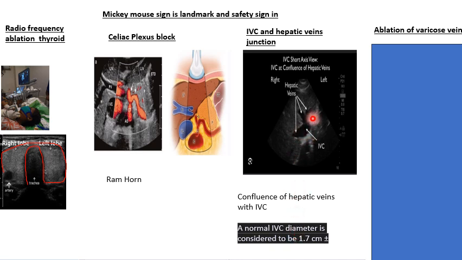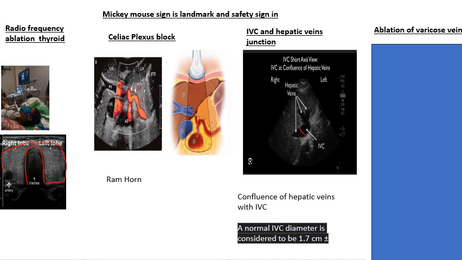You can use this in shock. This can be imaged in your epigastrium itself. There will be no bowel gas there. If you want to look at the rest of the IVC, bowel gas will be overlying. But here there will be no bowel gas. So you can measure the diameter of the IVC.